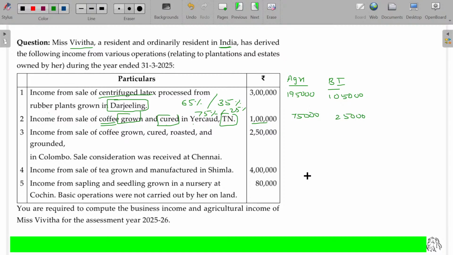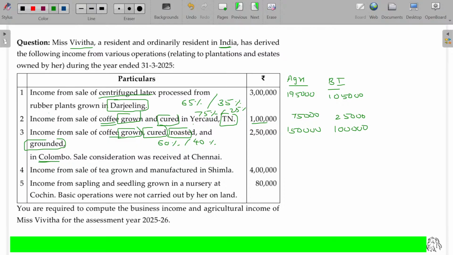That will be taxable as per the applicable tax rate of income tax. Income from sale of coffee grown, cured, roasted and ground. In that case, similar to the tea, 60/40. So 1,50,000 agricultural income, 1 lakh being business income. Is that clear? Hope now you'll be able to understand.